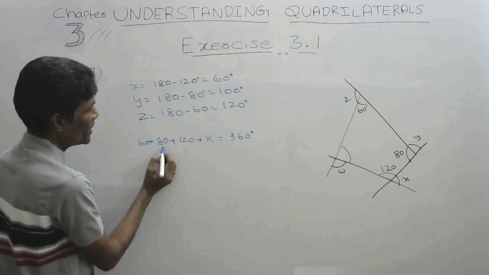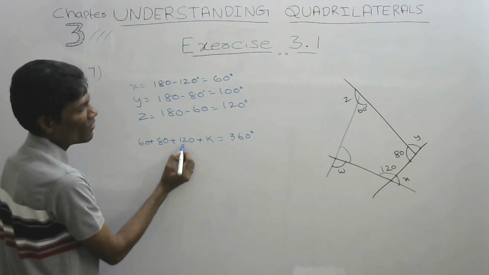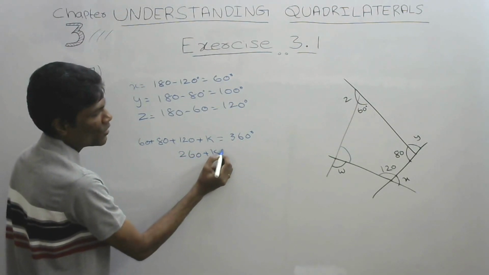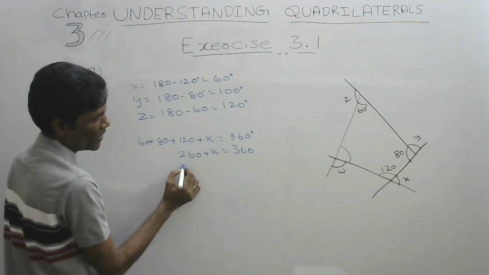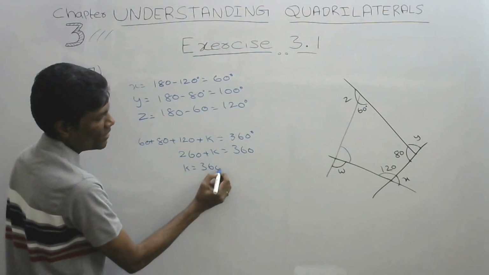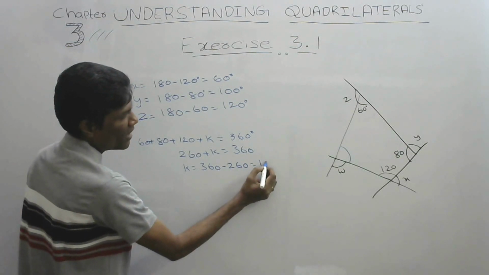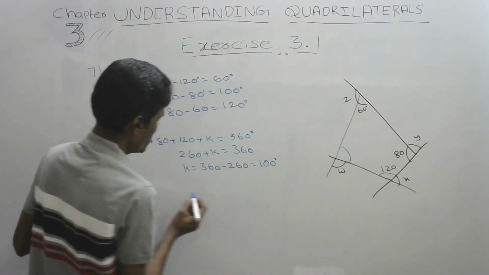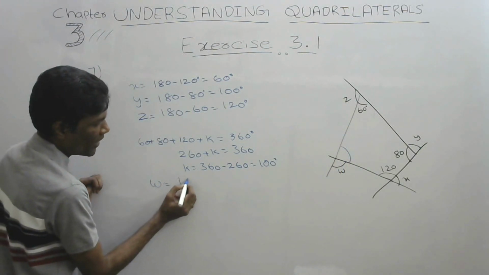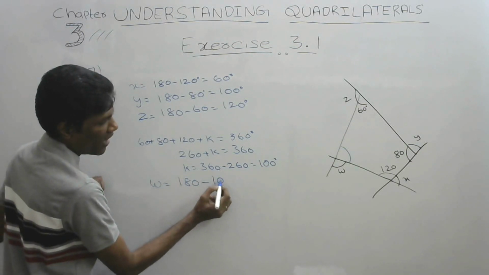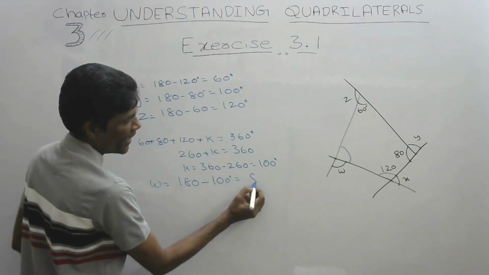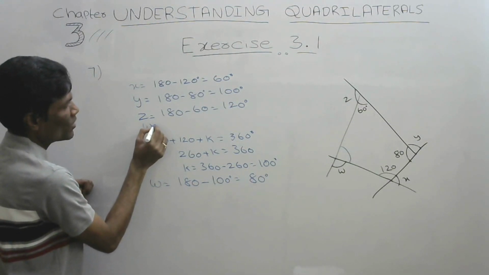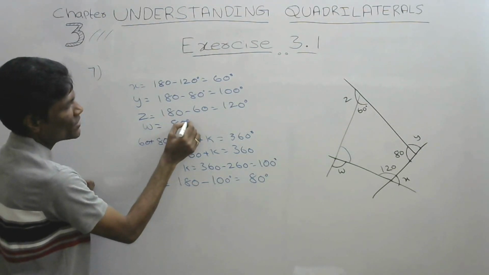So 60 plus 80, 140 plus 120, 260 plus K equal to 360. So K will be 360 minus 260, that is 100 degrees. Now we want W. So this W will be 180 minus 100 degrees, that is 80 degrees. So we got W as 80 degrees.